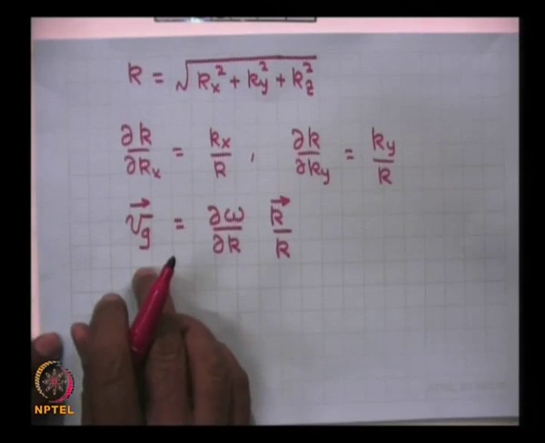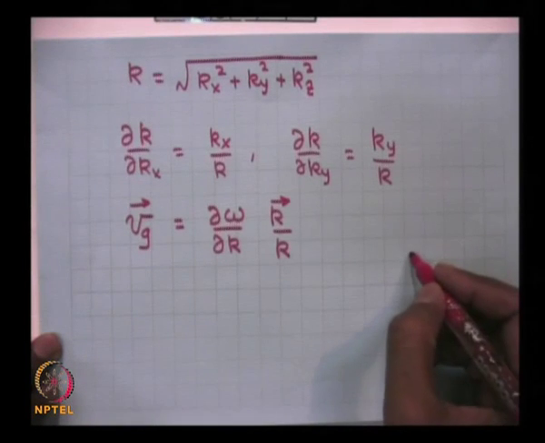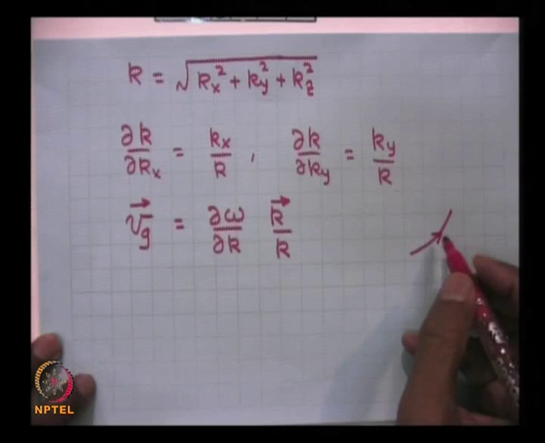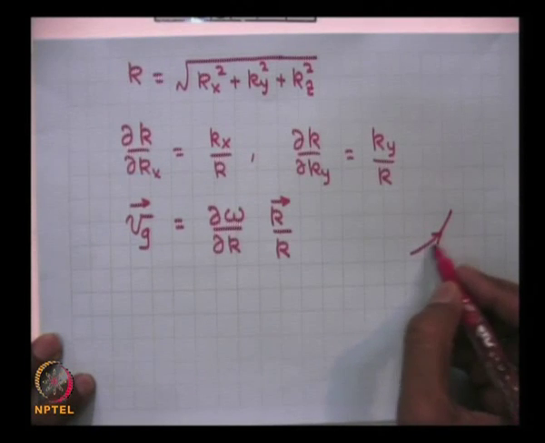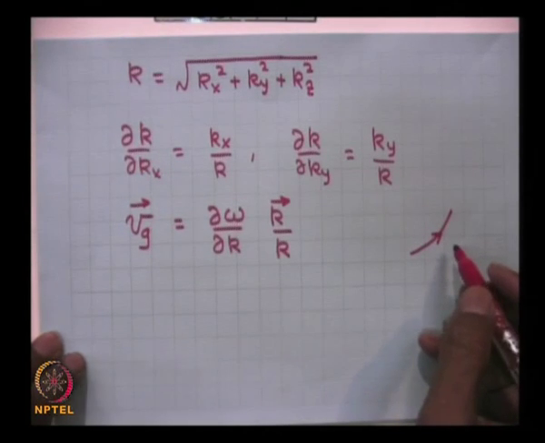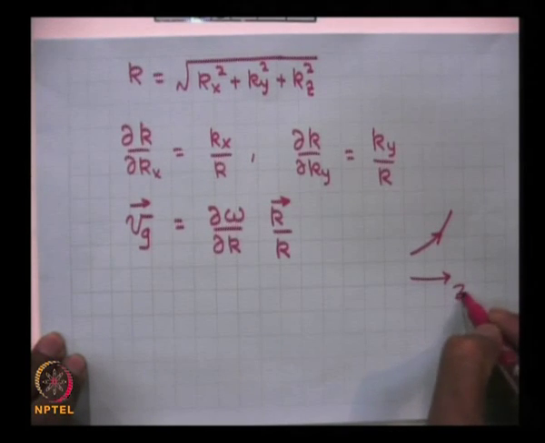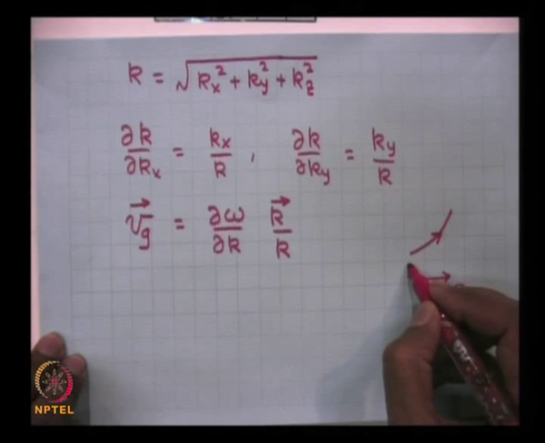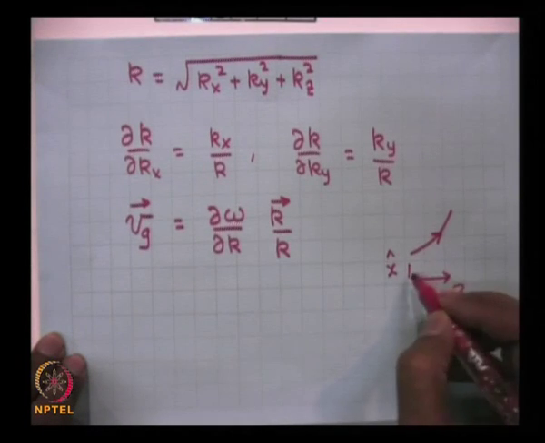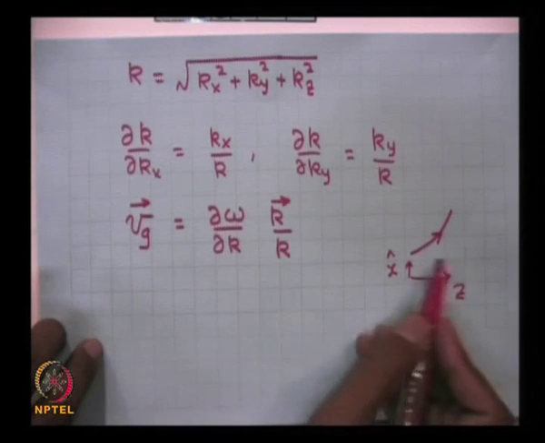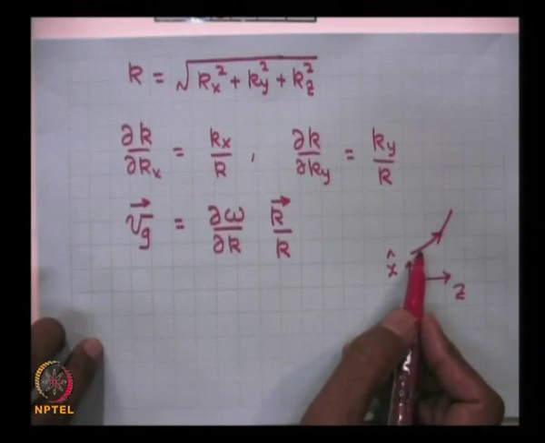Well, what is the consequence of this? If your ray is travelling like this, this is the direction of your ray in an inhomogeneous plasma, then suppose I am considering the wave propagation in the xz plane. This is my z direction and this is my x direction. So, if my wave is going in the xz plane, I am expecting that this velocity is in the xz plane also.